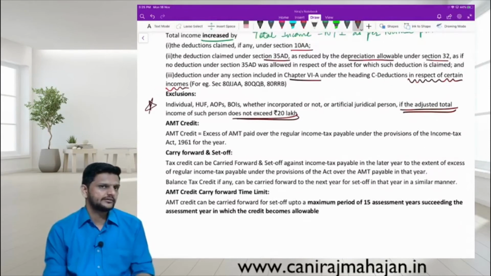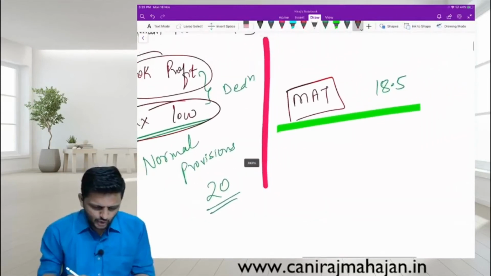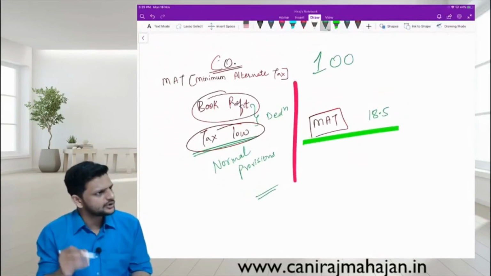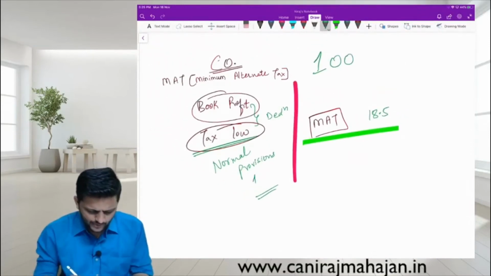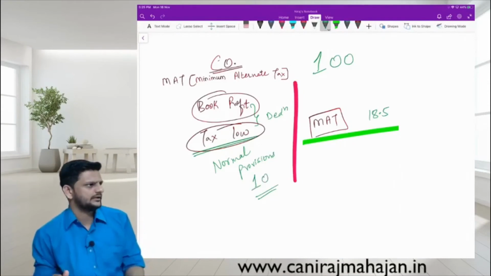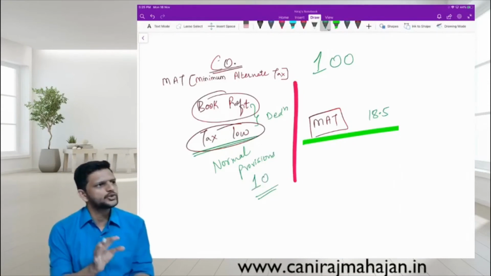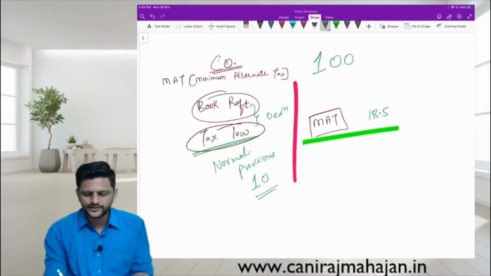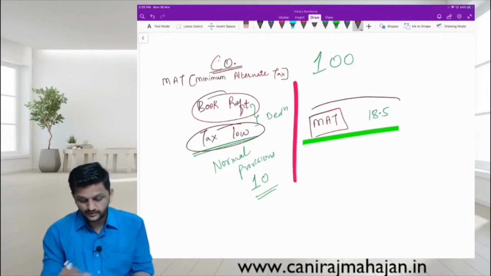AMT credit. Always keep in mind, credit means something you have done already, something extra, something beneficial. In this example if I give you again, you were supposed to pay tax on 100 rupees whatever, and as per normal provisions it comes to 10. Ideally, you should have paid tax 10 rupees. But now they have put some more conditions, now you are paying tax at 18.5.